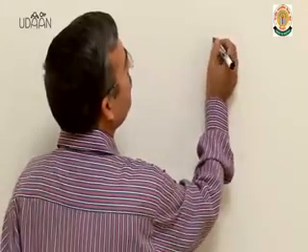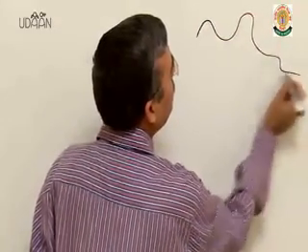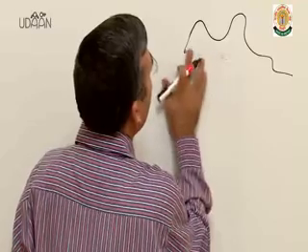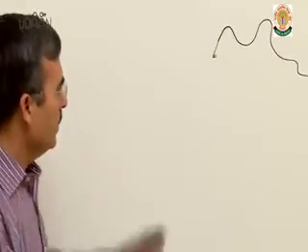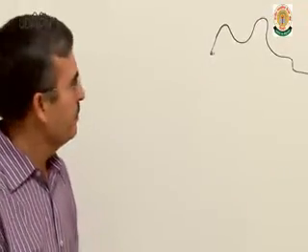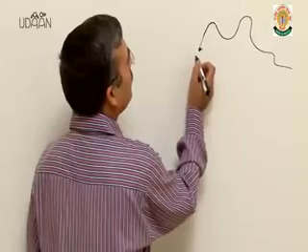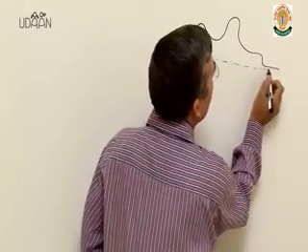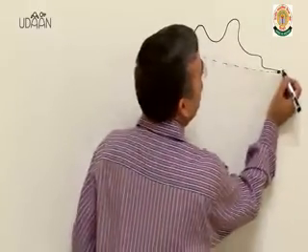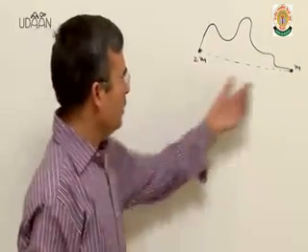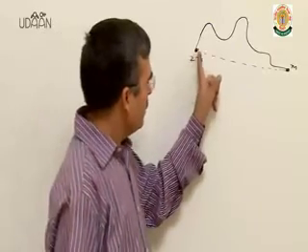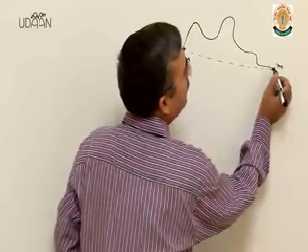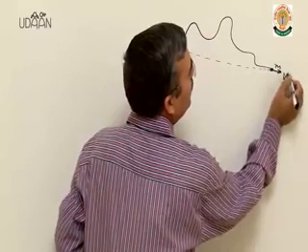Suppose a light inextensible string lies in some shape like this, it is not tight. There are two blocks, 2m and small m, two bodies attached. The line joining them is this one, and an initial velocity is given to this mass, let us take it as v naught.